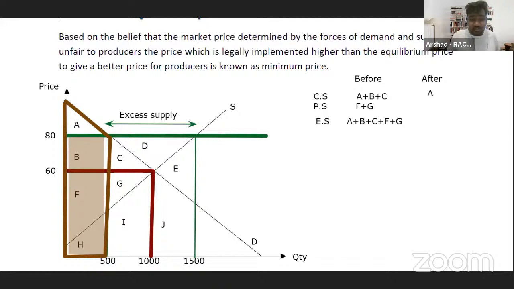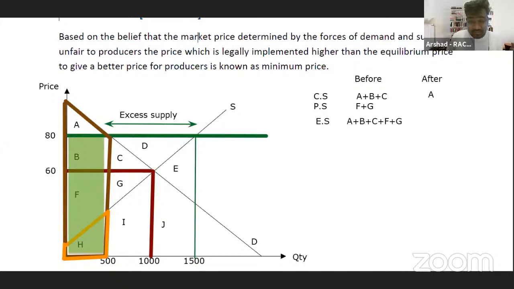Now go with the producer. To supply this, okay, producer surplus. The producer minimum needs X, right? But what does he actually get? He actually gets B, F, and H. So what is he getting more than his minimum?